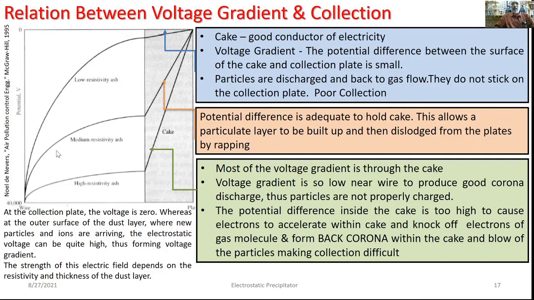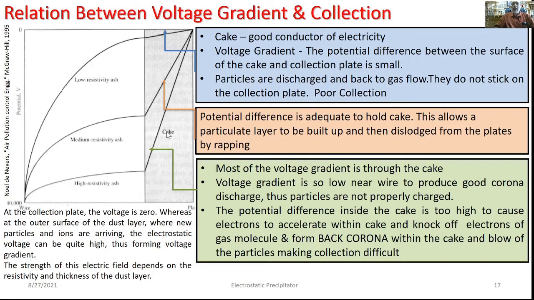The potential difference inside the cake is very high, which causes electrons to accelerate within the cake and knock off the electrons of the gas molecules which are entrapped in this dust cake.